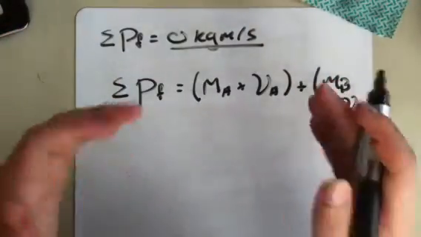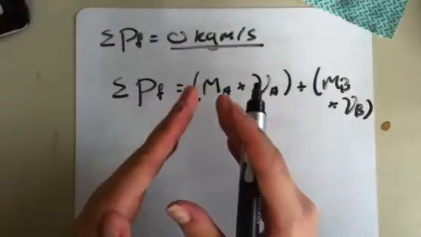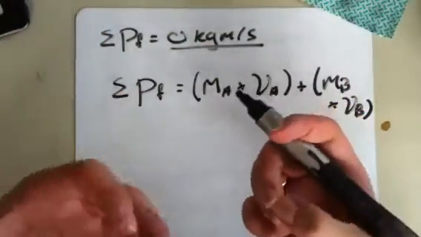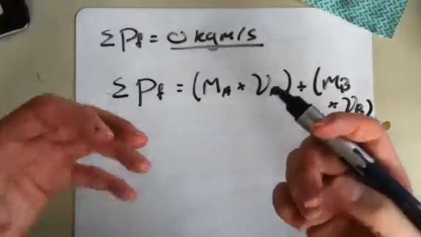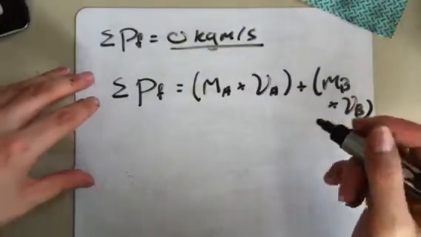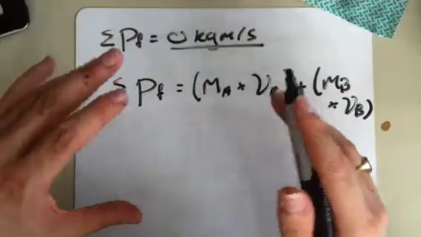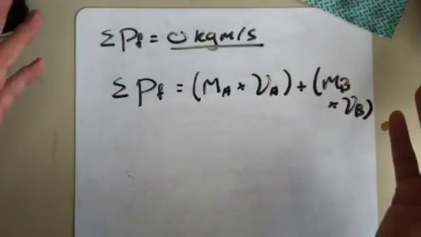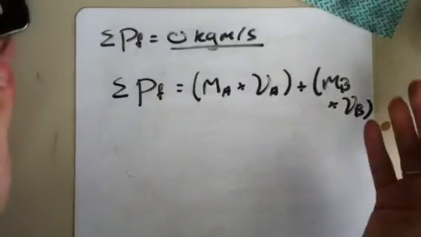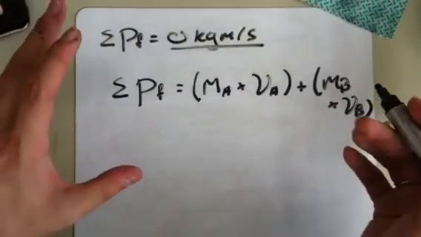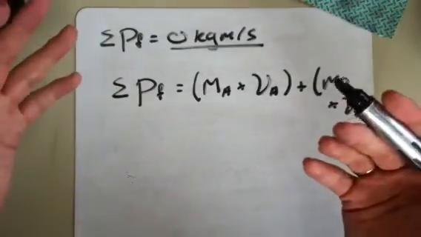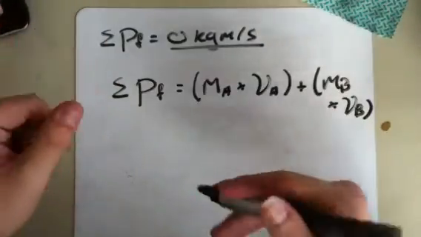We just have mv of object A and mv of object B. Those two objects, if it's a sum momentum, we have to add those together, and therefore we have to calculate them individually. So, again, we might want to put numbers straight in. You can do that if you want, or you can just rearrange the equation and stick the numbers in. That's completely up to you. For a change, I'm going to go with rearranging, because I think it is a valid method. It's a valid physics method. You should rearrange your formulas before you put the numbers in.